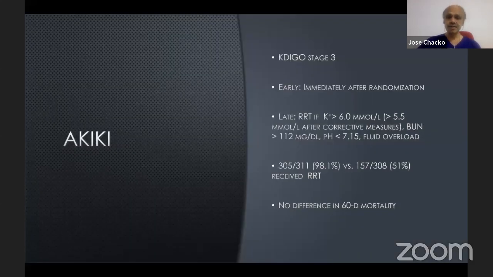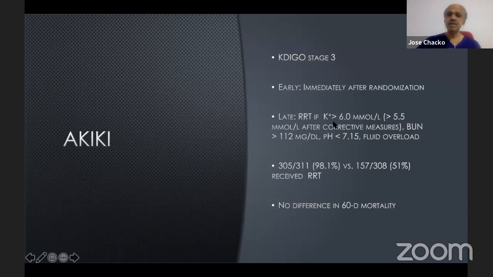The second of the three studies was the AKIKI study, in which they enrolled patients who were in KDIGO stage 3. All the patients were in KDIGO stage 3, and they randomized them to early renal replacement immediately after reaching KDIGO 3, or to the late therapy arm if they had some of the conventional markers of acute kidney injury, which we consider as absolutely mandatory to do renal replacement therapy.